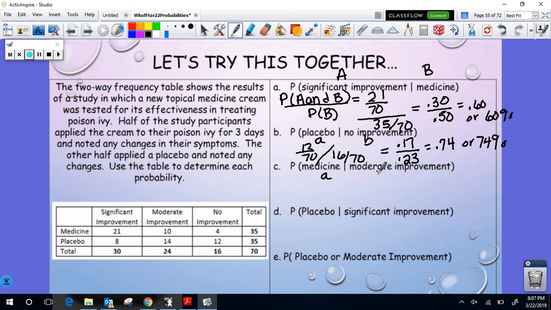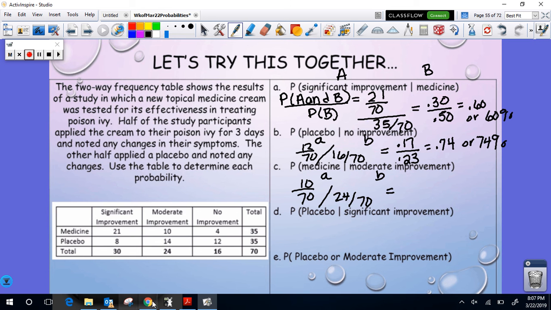Okay, so the next one says medicine and moderate improvement. So you get A and B here. I'm going to use the same formula. The probability of being on medicine and having moderate improvement: I go to medicine and moderate improvement. That's 10 over 70, divided by the probability of the second event. Moderate improvement is 24 out of the 70.